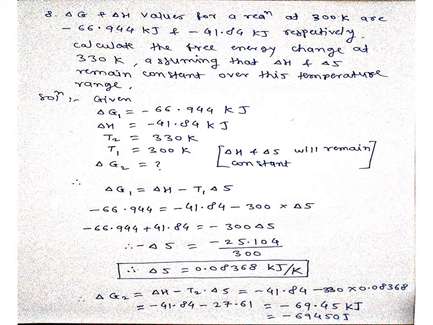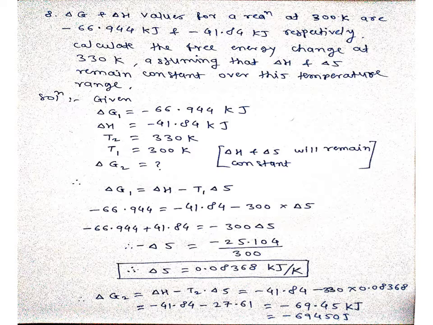Given delta G1, which is equal to minus 66.944 kilojoule, delta H, which is equal to minus 41.84 kilojoule, T2 330 Kelvin, T1 300 Kelvin, delta G2 we have to calculate, delta H and delta S will remain constant.